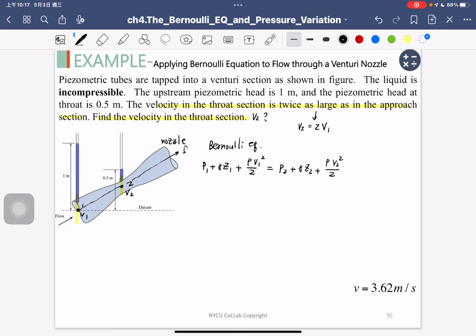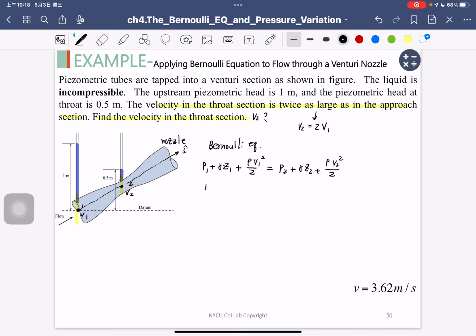Okay, so as you can see, we need to know the piezometric pressure difference, and then the flow will start to flow. Right now we only have the piezometric height, so we rewrite the pressure form into the head form.